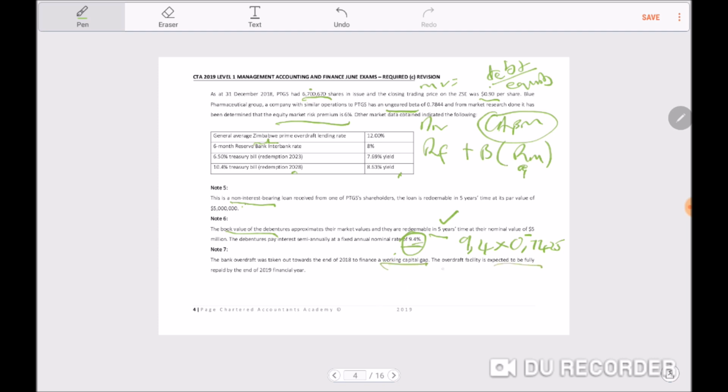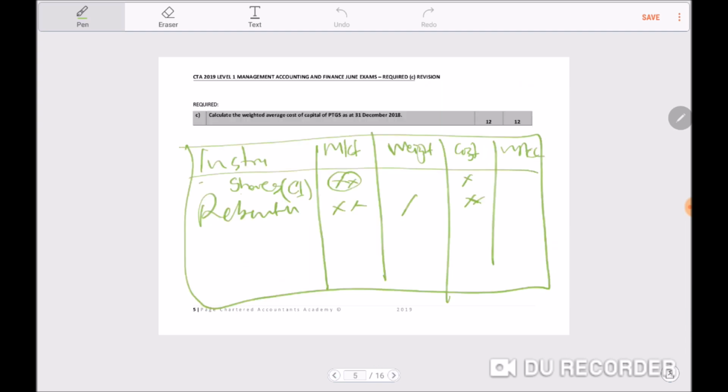It is expected to be fully paid in 2019, which means this is not a permanent source of funding. Do we have anything else? That was all, so these are the only two instruments that we have. If we add them, then we say this one divided by this one, we get the weight. This one divided by this one, we get the weight here. And then we multiply the weight and the cost to get our weighted average cost of capital.